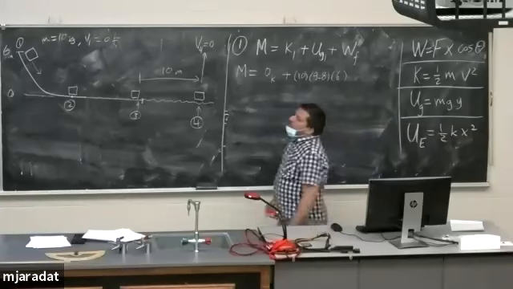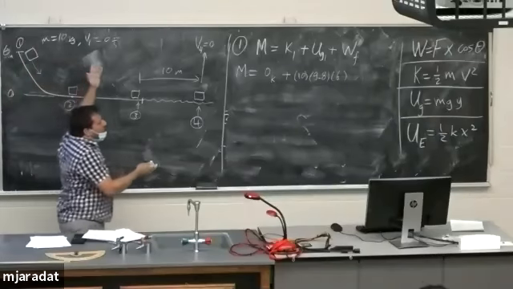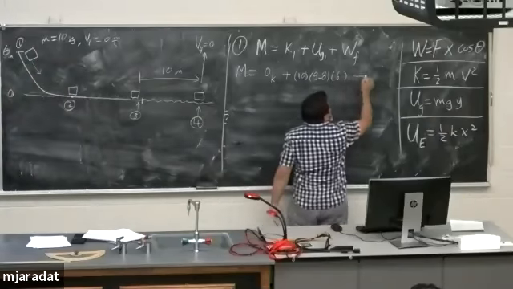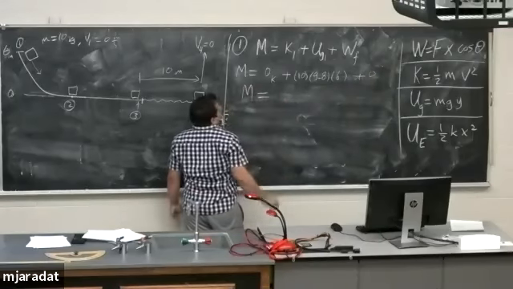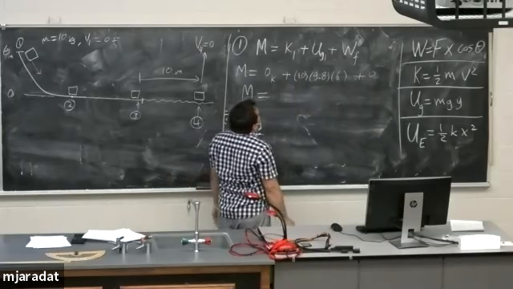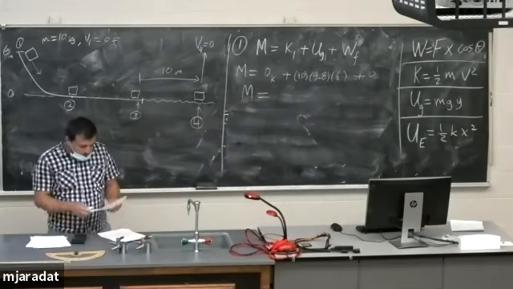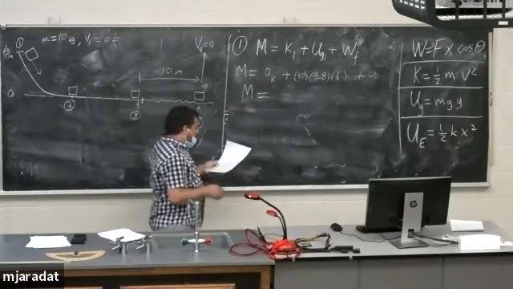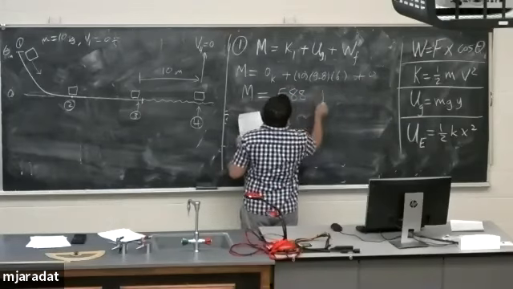How much is the frictional force now? Or the frictional work? Nothing, zero. So my mechanical energy always is equal to this. How much is it? It is 588 joules.